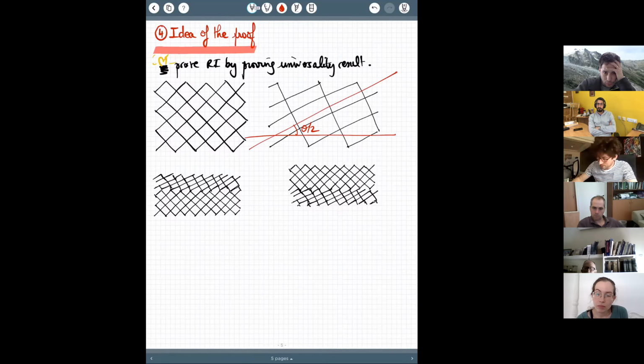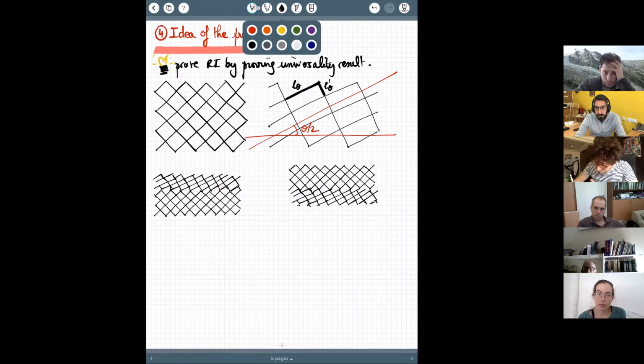And this squeeze, so here you have a certain distance L theta and here L prime theta, which is different. And I'm going to open edges here with a probability p theta, and I'm going to open edges here with probability 1 minus p theta.